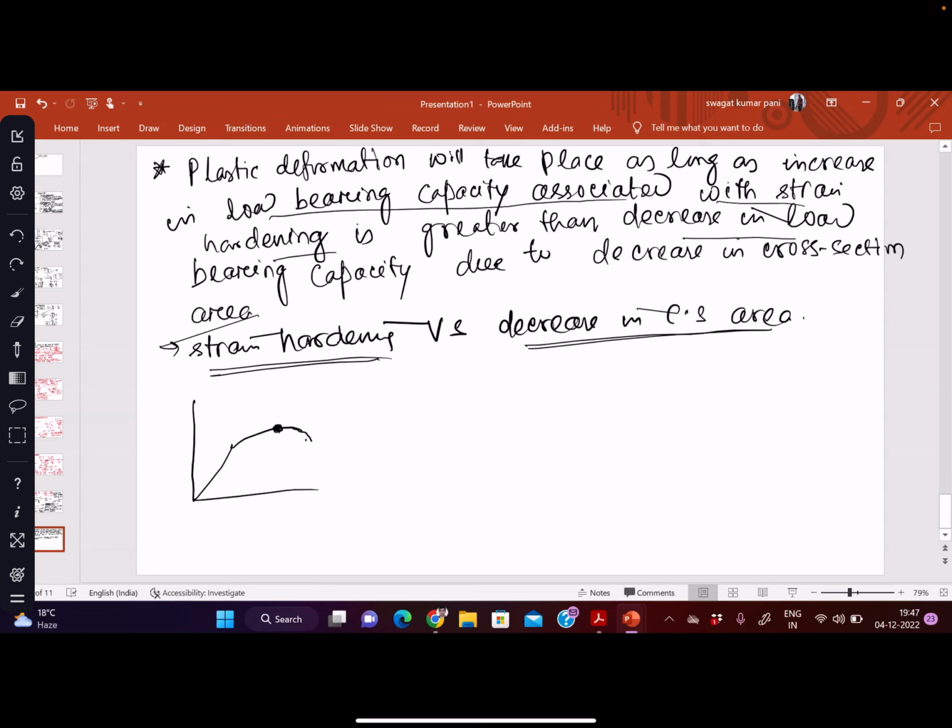Okay, so up to this region we get uniform elongation. After this it is not valid. We use the relation stress equals K epsilon to the n, and this relation is valid only in this region.